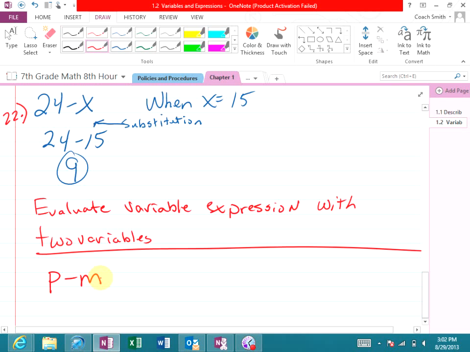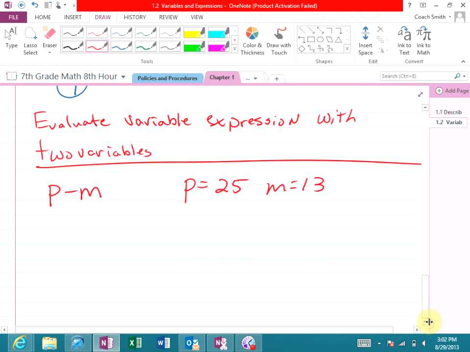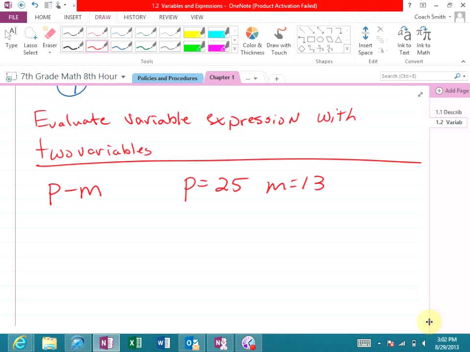Obviously, if we don't know what P and the letter M are, we can't simplify this, but we do. In the directions, they say P is equal to 25 and M is equal to 13. Okay, so what's my new expression? 25 minus 13. Good.